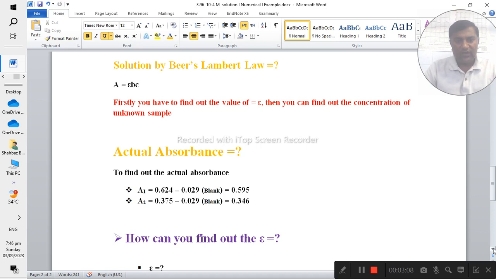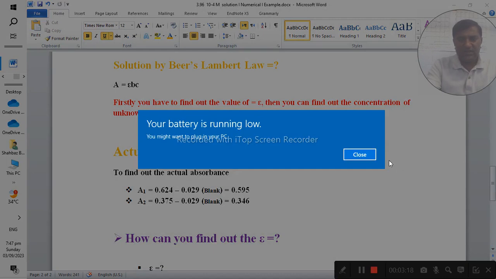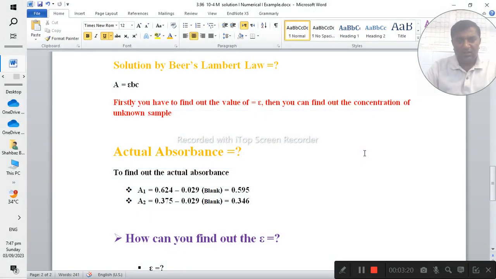To find the actual absorbance, A1 is equal to 0.624, and you need to subtract the value of the blank, 0.029, which gives 0.595, and similarly 0.346.